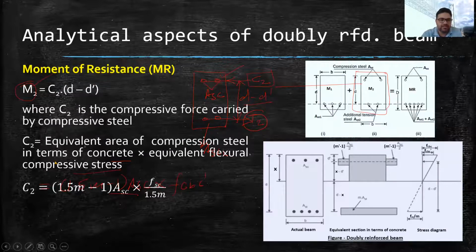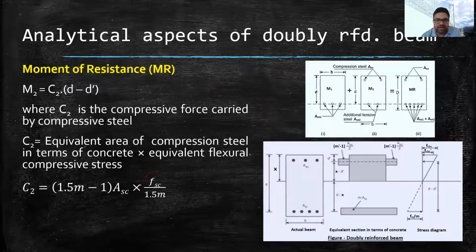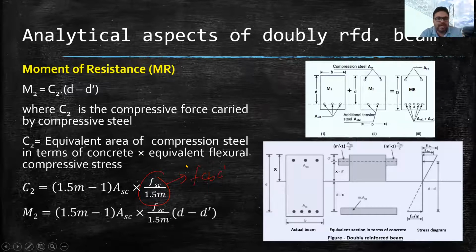So I have written here 1.5 M minus 1 into ASC into FSC by 1.5 M. I hope you remember that this is actually equal to FCBC dash, which is the equivalent flexural compressive stress. So now we can calculate the M2 value with this.